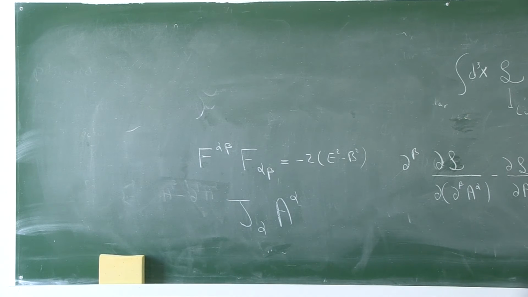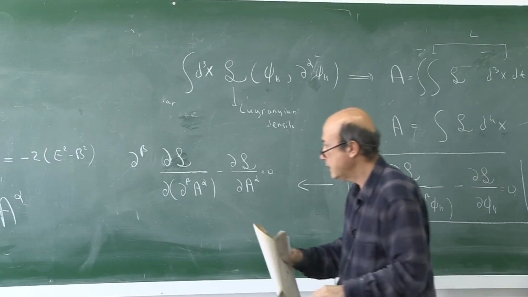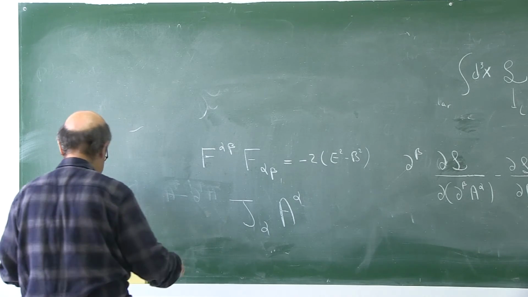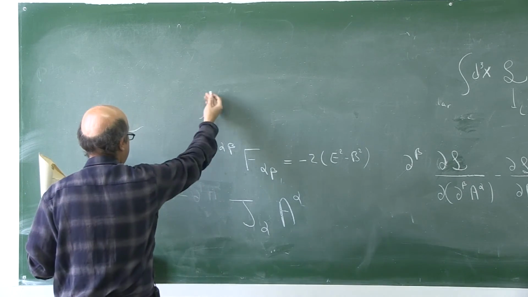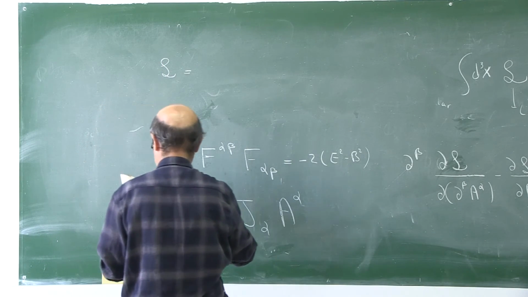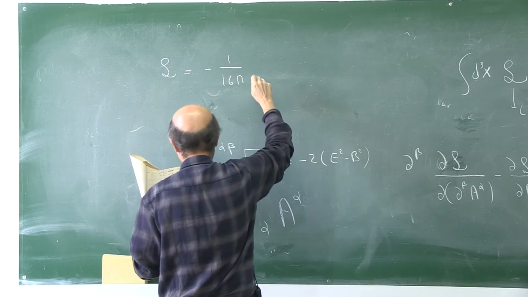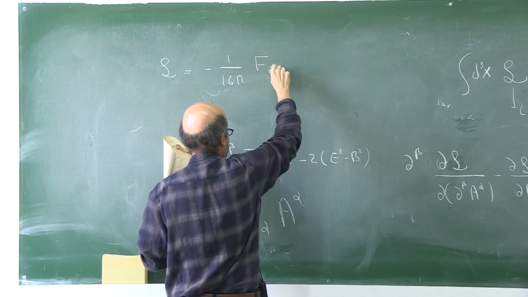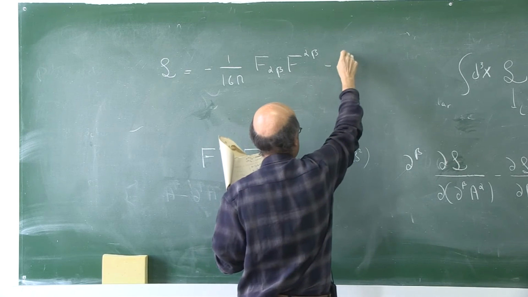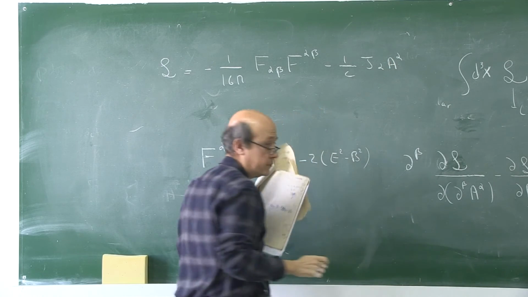So let me write the Lagrangian density. Then let us try to find the equation of motion. The Lagrangian density could be written as minus 1 over 16 pi F alpha beta F alpha beta minus 1 over c J alpha A alpha.